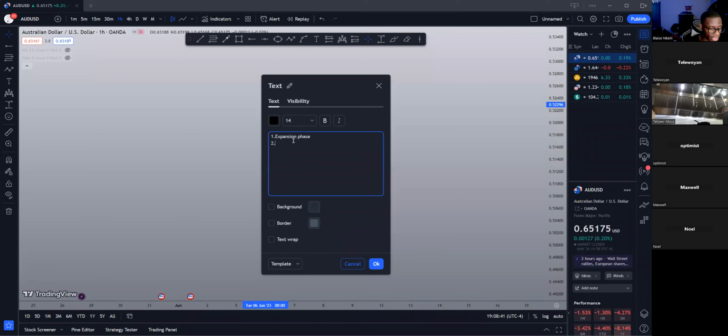We have the expansion phase, the retracement phase, the reversal phase of the market, and then the consolidation phase of the market.